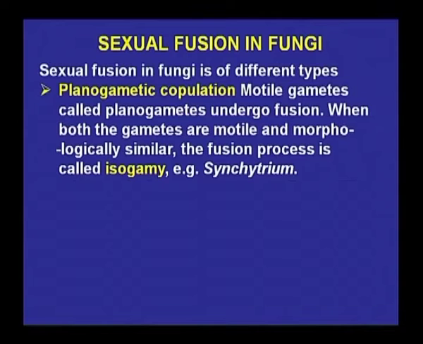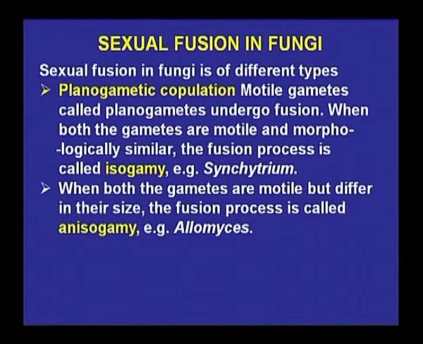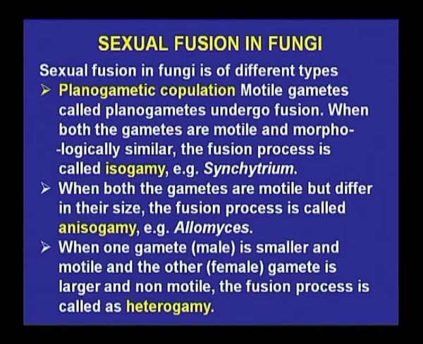Isogamy is commonly found in the Syncytium. When both the gametes are motile but different in size, the fusion process is called anisogamy. This is also exemplified by Allomyces. And when one gamete, the male, is smaller and motile and the other gamete, the female, is larger and non-motile, the fusion process is called heterogamy.